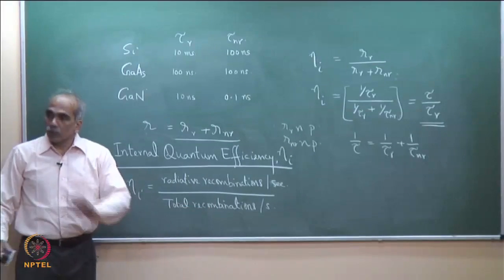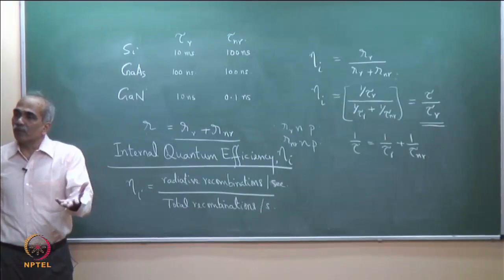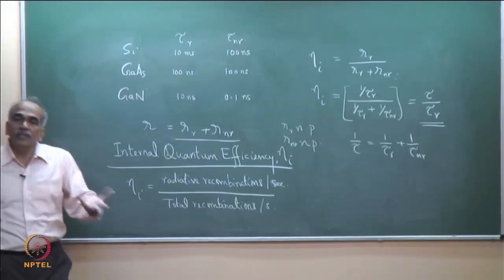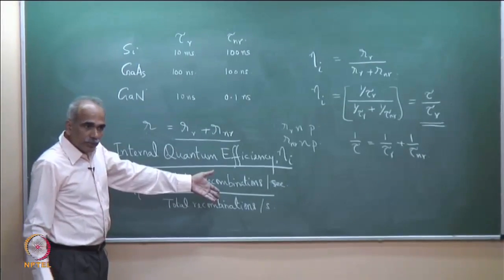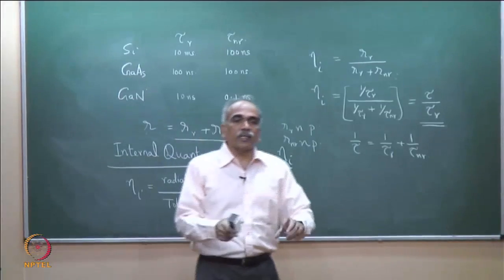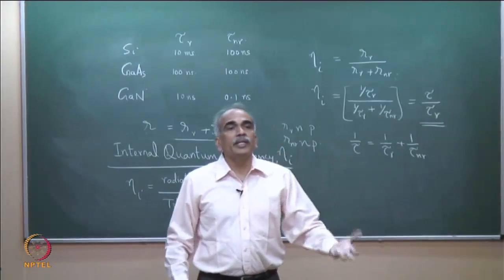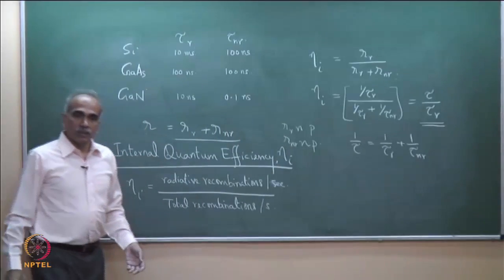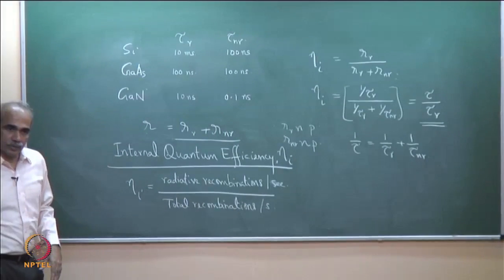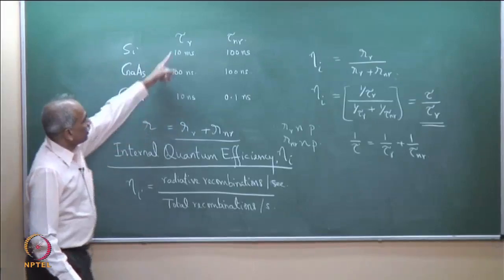Eta I is 0.1, means 10% of the total recombinations lead to generation of photon. If eta I equals 0.5, it means 50% of all the recombinations will lead to the generation of photons, while 50% do not. They are non-radiative recombinations. I have put some numbers here.